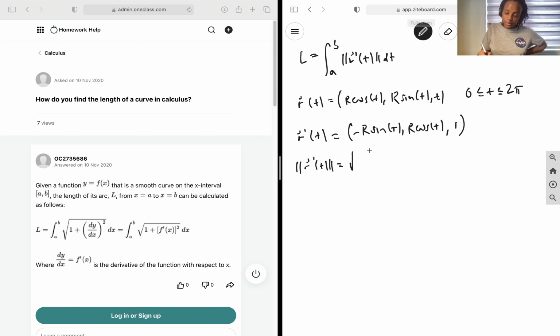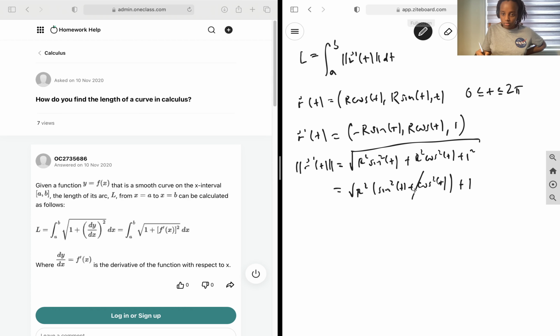So this is going to be the magnitude of r squared sin squared t plus r squared cos squared t plus 1 squared. This is the same thing as r squared times sin squared t plus cos squared t, plus 1. We know that this is an identity of 1. So this is just equal to the root of r squared plus 1.